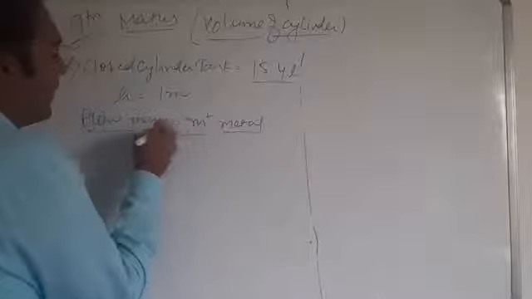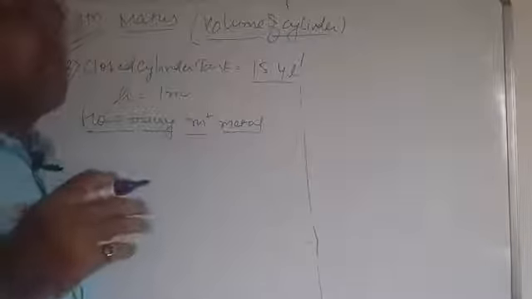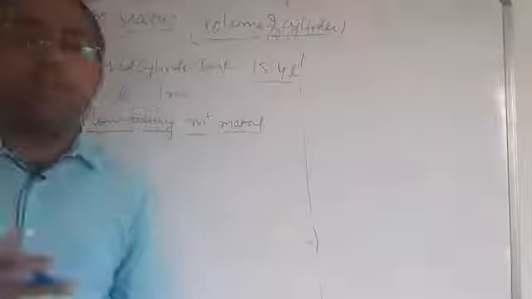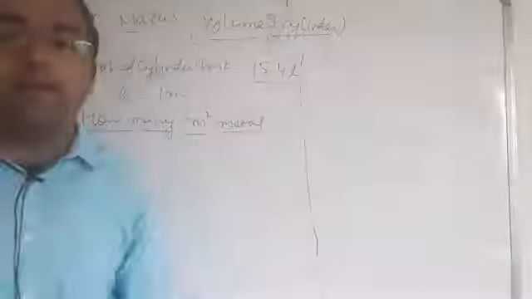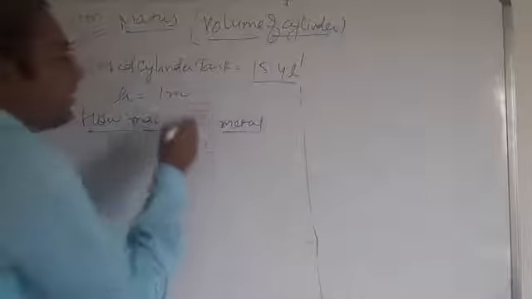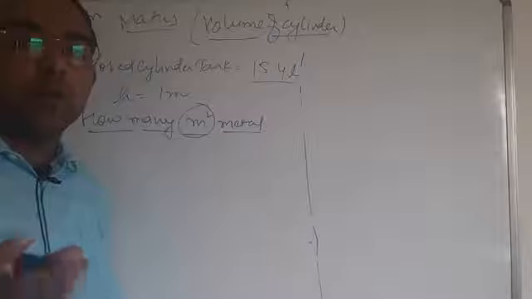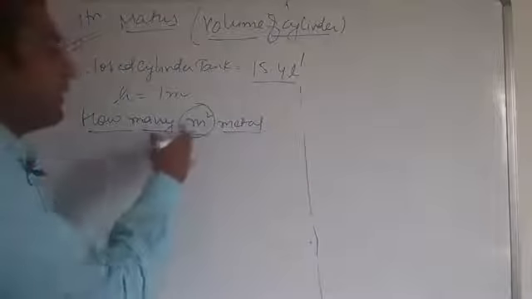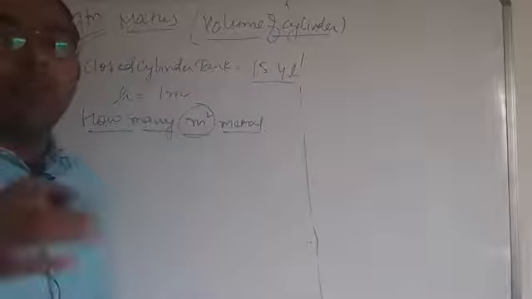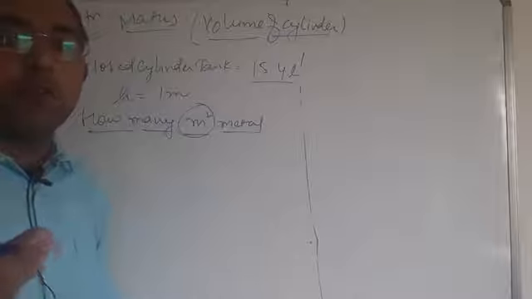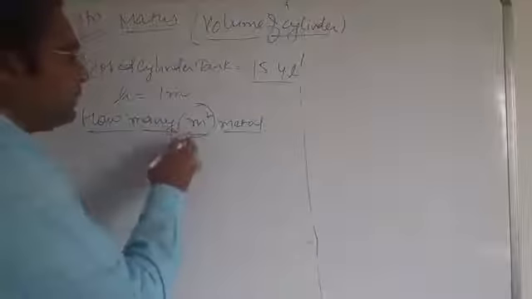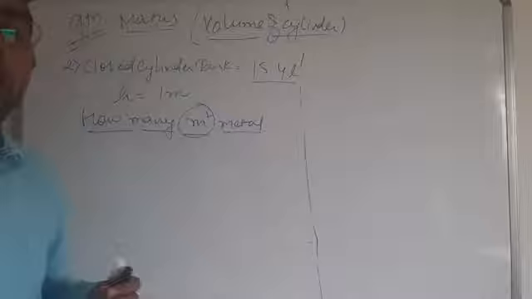Here they tell us to find meter square, to find something in meter square. So now we know that whenever we have to take meter square, that means we have to find surface area.